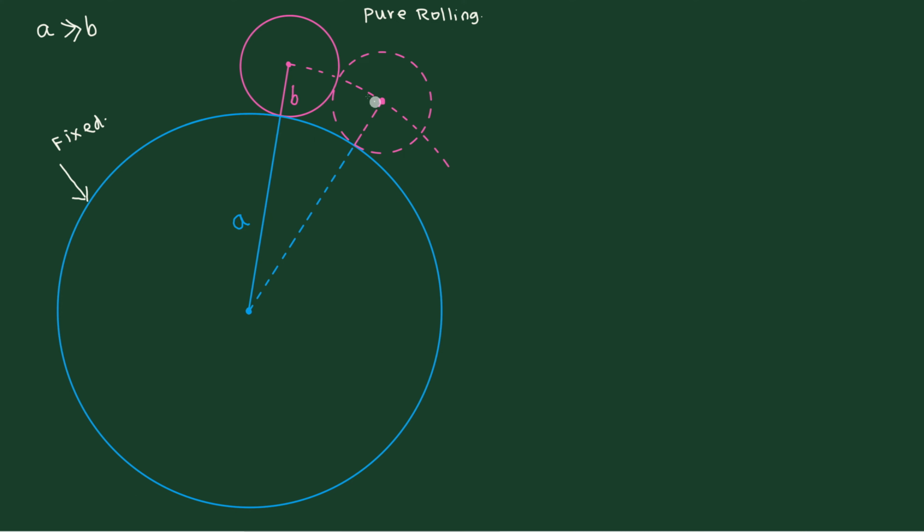Now, why I have drawn two cylinders here is that the continuous line in the pink color is the actual cylinder that is there. The dotted cylinder is the position it is going to come to. Once it starts rolling, imagine what will happen.